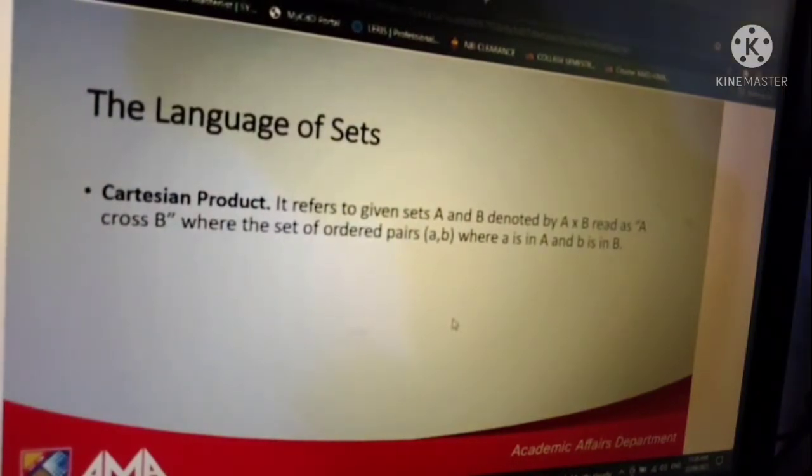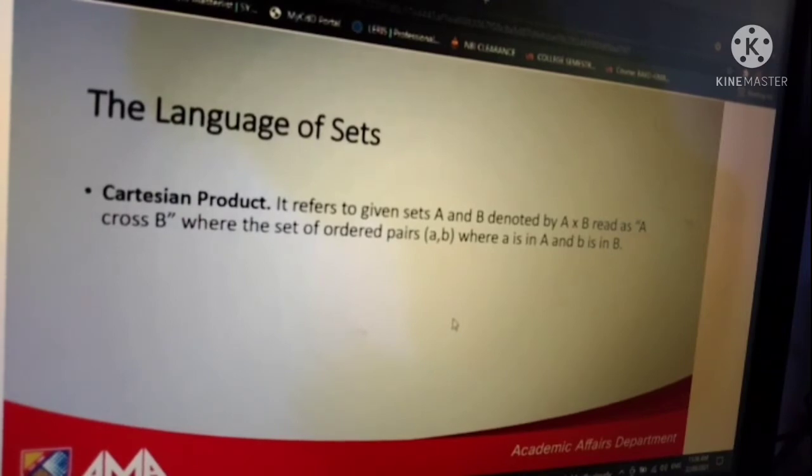Yung B, yun naman yung vertical line dun sa ating Cartesian coordinate plane. And this Cartesian coordinate plane is divided into 4 parts: first quadrant, second quadrant, third quadrant, and the fourth quadrant.